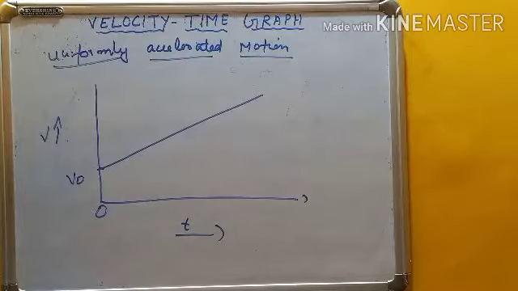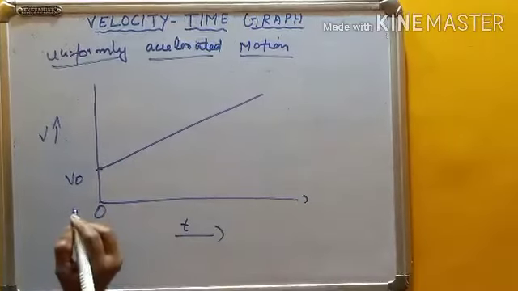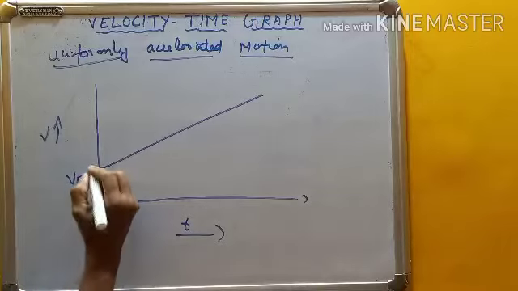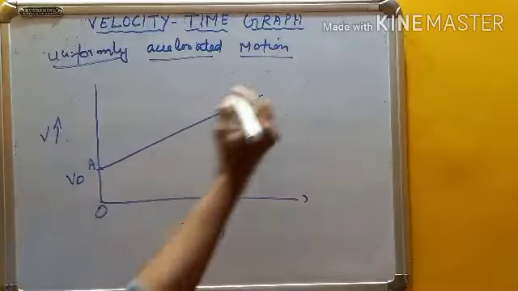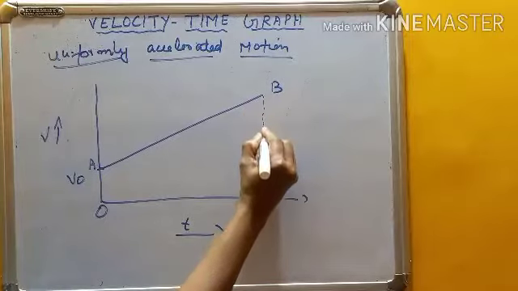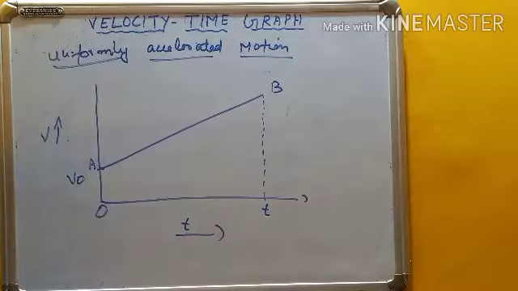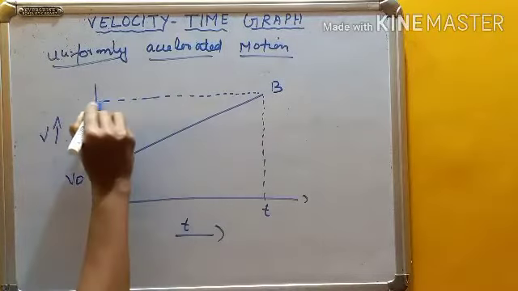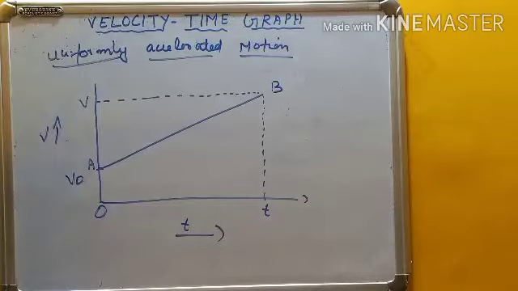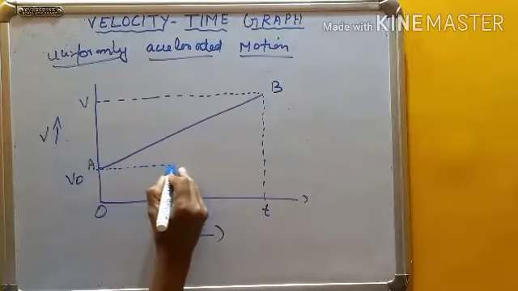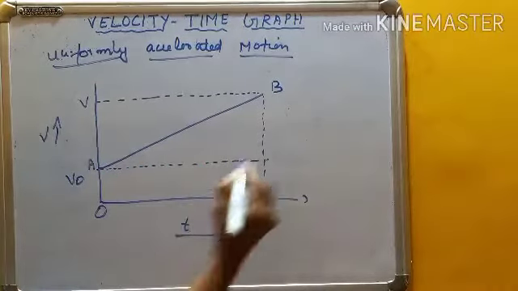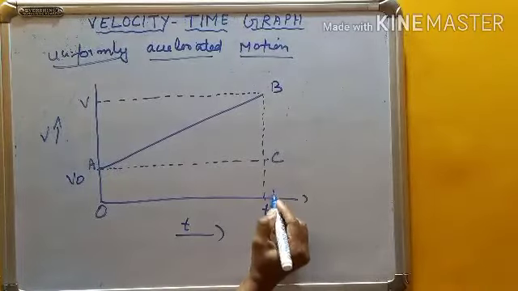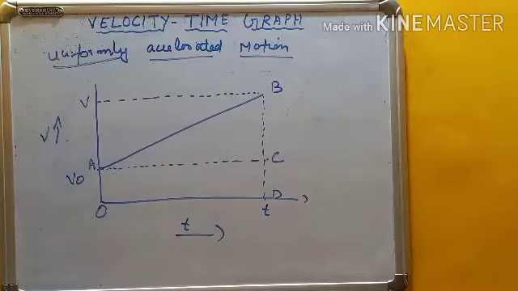Let the origin be O, this point V naught is the initial velocity, mark this point as A and this point as B, and the corresponding time you take as T, and this final point, let it be V, the final velocity. The initial point on the axis mark as C, and this point let it be D. So this is time along the x axis and velocity along the y axis.